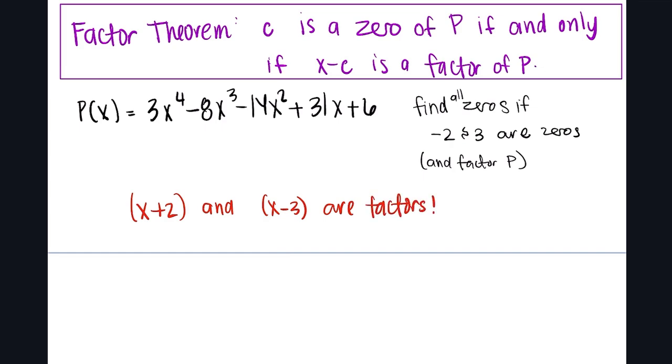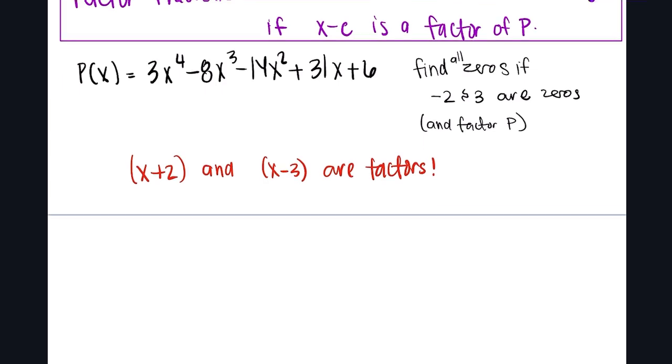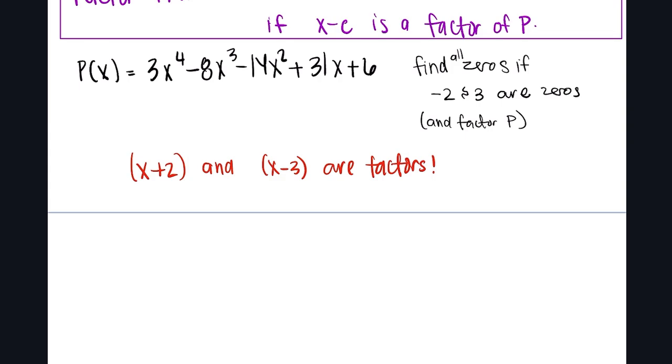So we're going to use this fact, along with our remainder theorem and synthetic division, to help us find what other factors we have. Because this is an x to the 4, I could also write it with 2 other additional linear factors.